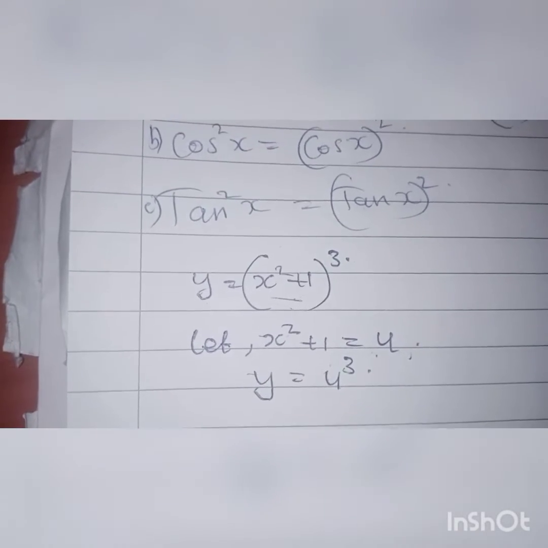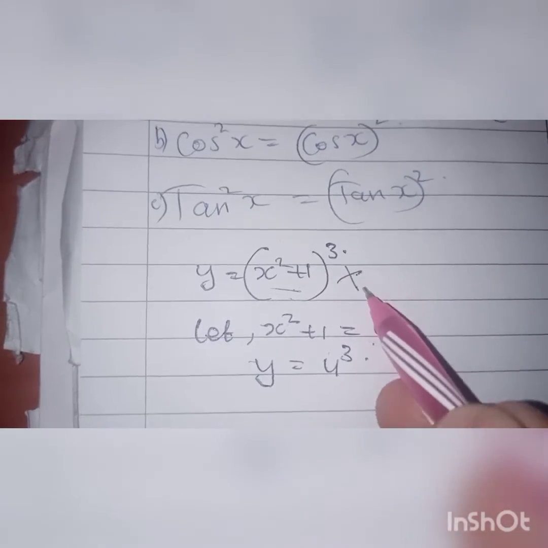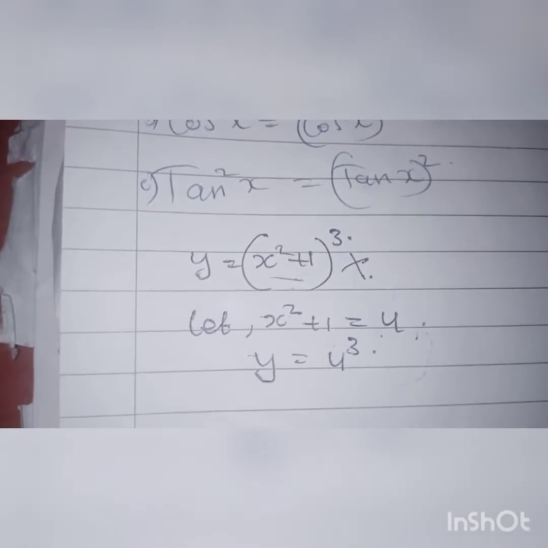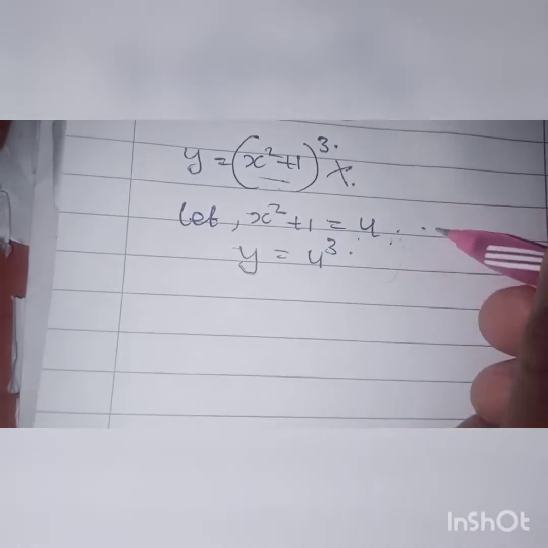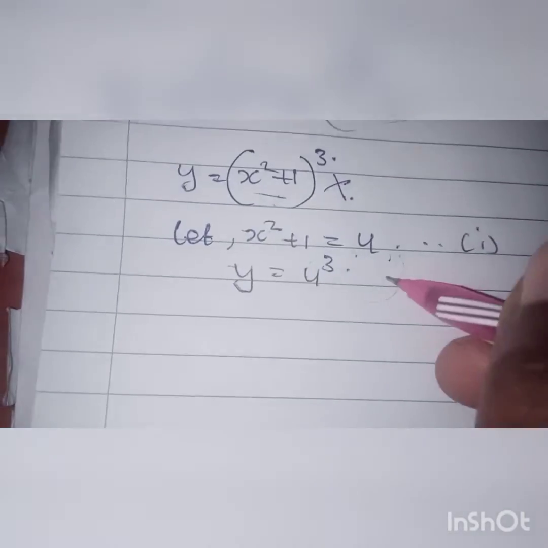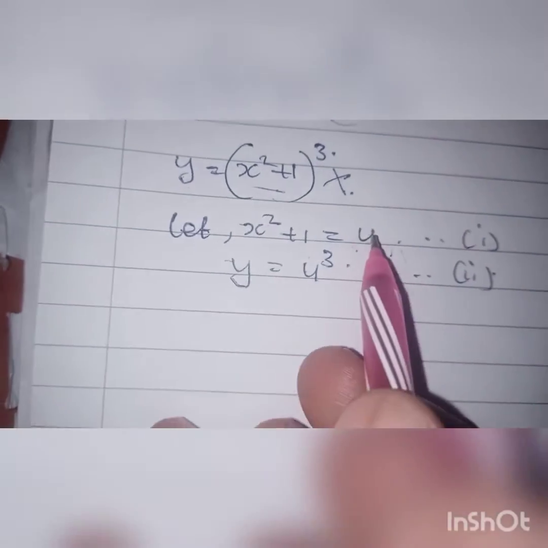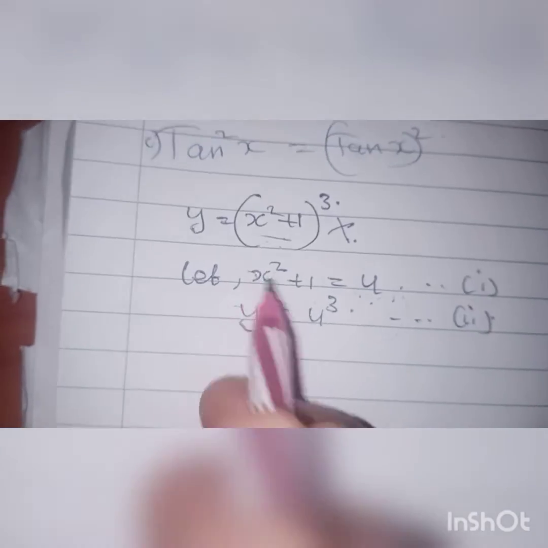Now, for you to apply the chain rule technique, leave that function alone, since you have taken what you needed. Now, let's deal with the two functions, function 1 and function 2. Let's differentiate u in terms of x.